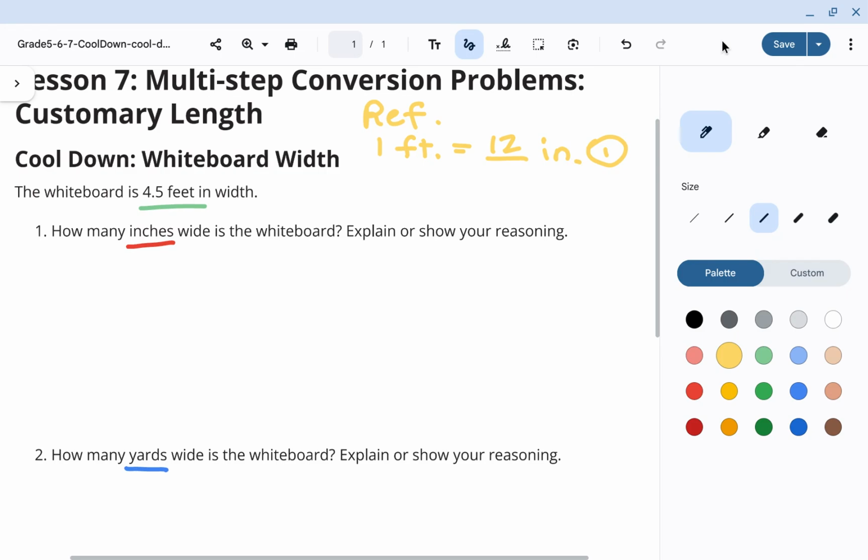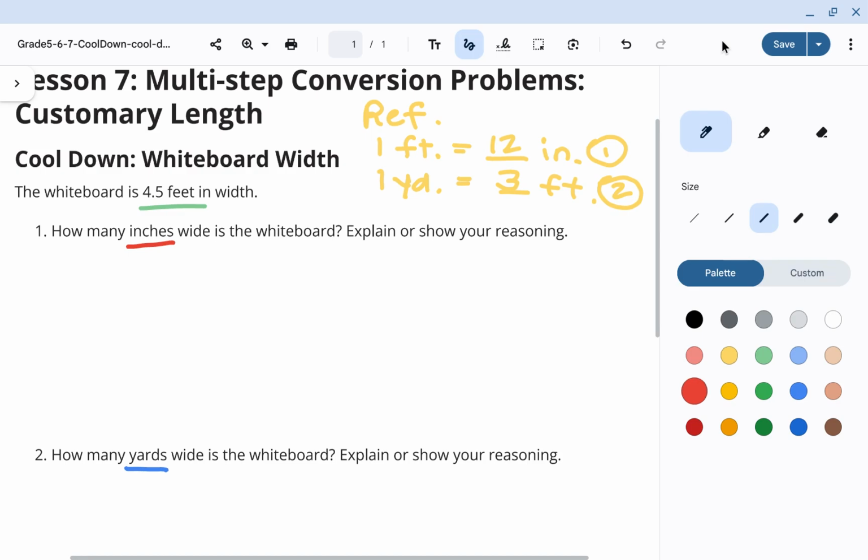For number 2, we need to know, if we have 1 yard, how many feet is that? Well, we know that in 1 yard, there are 3 feet. We will use that reference relationship for number 2. So I love to see those reference relationships written out because if you know those, that's the key to solving number 1 and number 2.